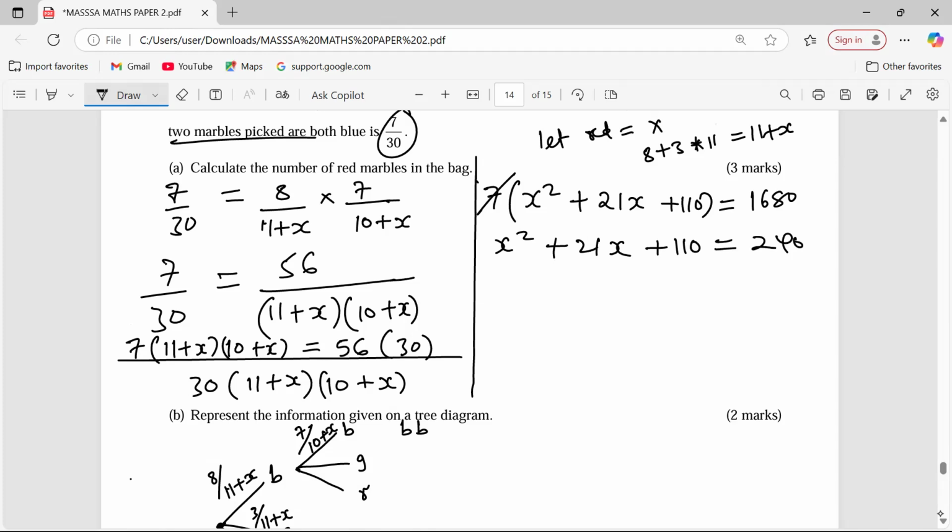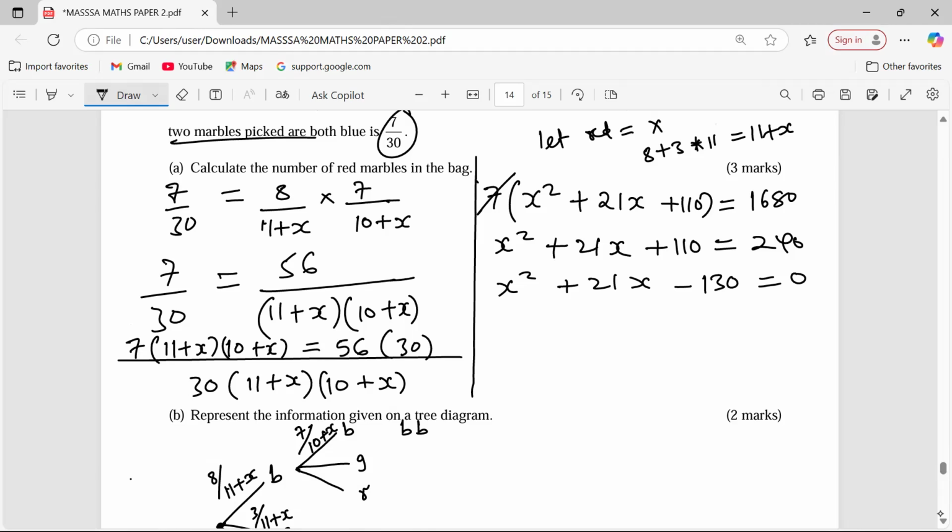Now with this, we can also say that X squared plus 21X minus, I have to take 110 minus 240, giving us negative 130. This is equal to 0.